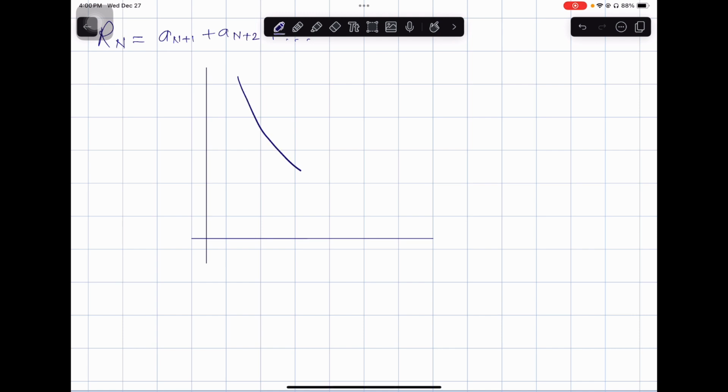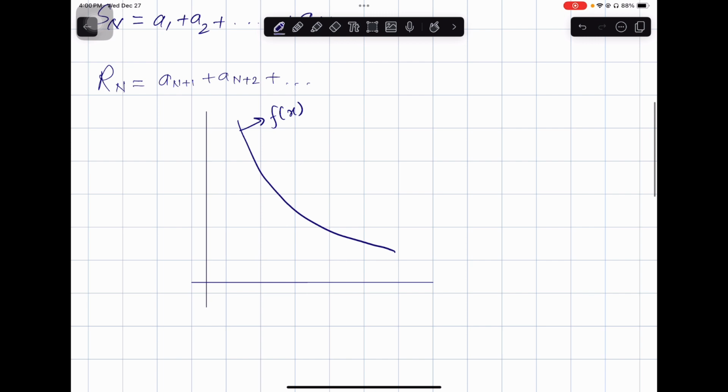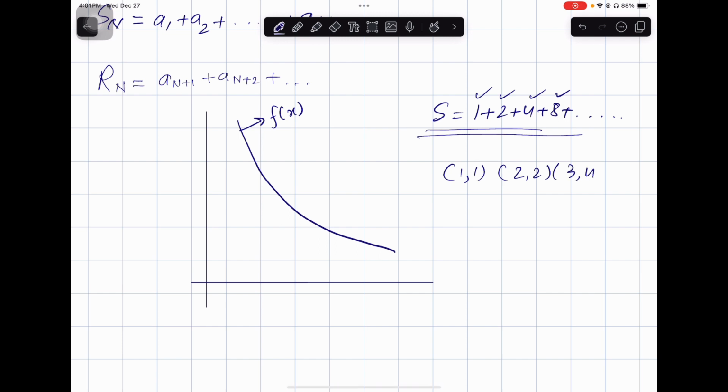Let's say this is the curve f(x), in which there are the points of the series. What I'm trying to say is, let's say the series is 1 plus 2 plus 4 plus 8 and so on. Then the 1, 2, 4, 8 are the points on the y-axis. If you were to plot this series in a graph, it would look something like this: (1, 1), (2, 2), (3, 4), and (4, 8).